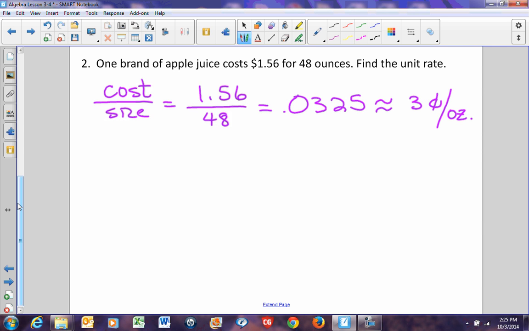It depends upon what they want, the exact answer, or if they want approximately something. You could say 3 cents per ounce, or you could say 3.25 cents per ounce, even though really we don't have a quarter of a cent as a monetary value. When they work things out mathematically for buying and selling things, they do take it out to the nearest hundredth of a cent.